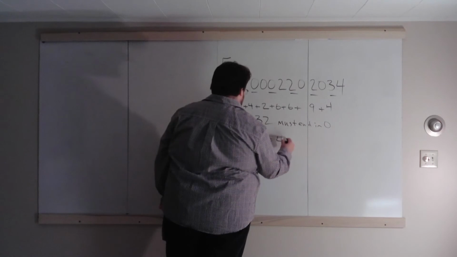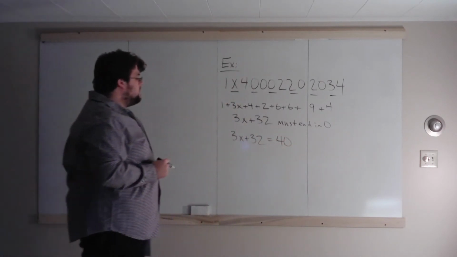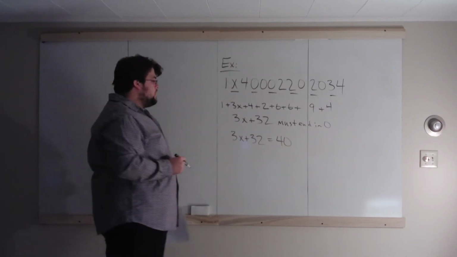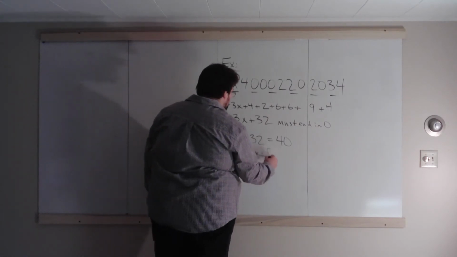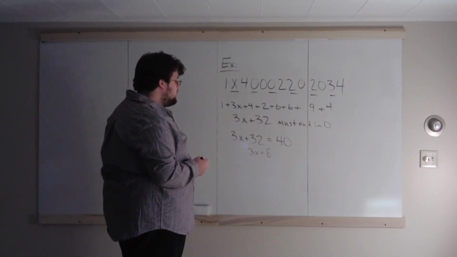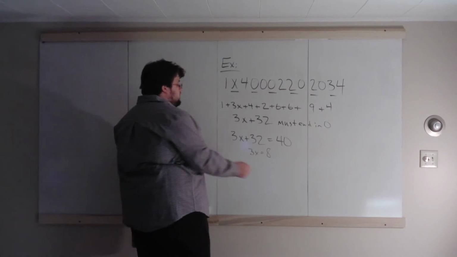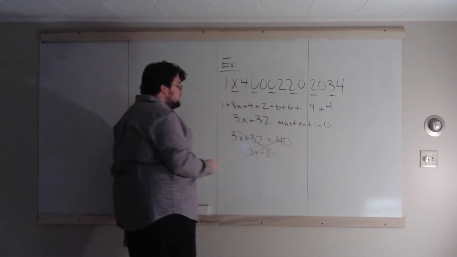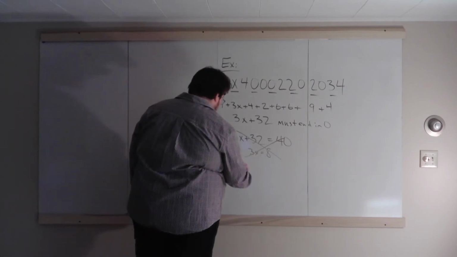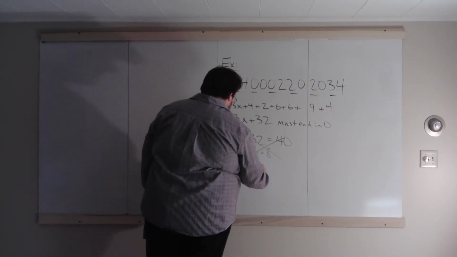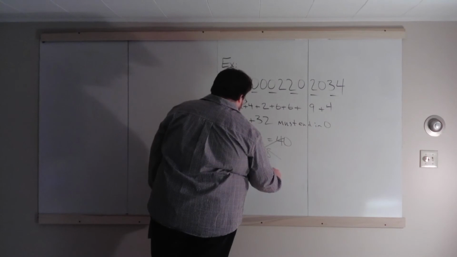What happens if we get the next number? 3x plus 32 equals 40. That's the next number that ends in 0. Then you get 3x equals 8. x equals 8/3. That won't work because we need it to be a whole number. What's the next number? 3x plus 32 equals 50.